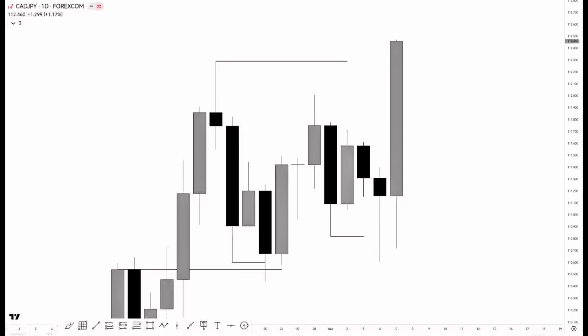Let me try to annotate or draw something. Something almost like this. So it's like a CRT. This candle here is a CRT low, and that's a CRT high.